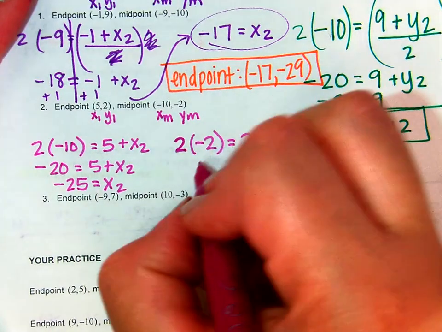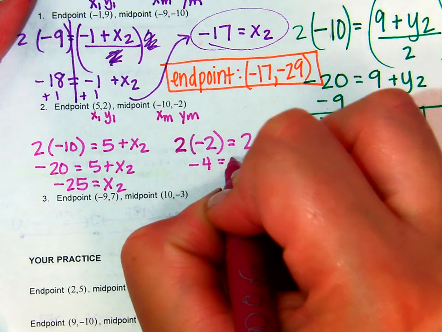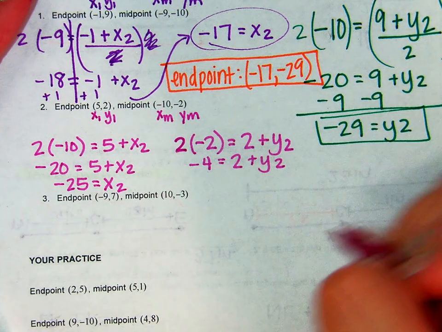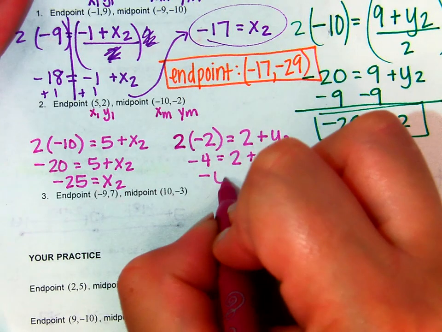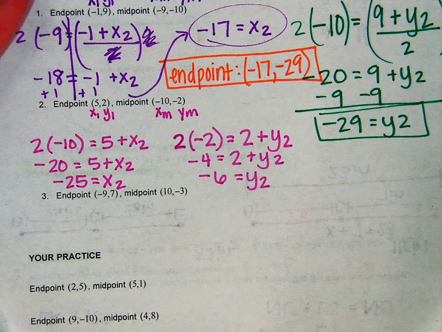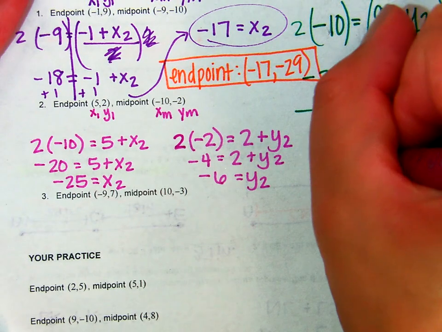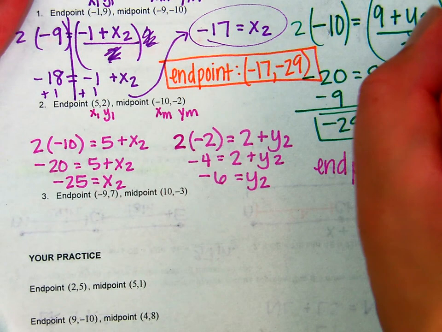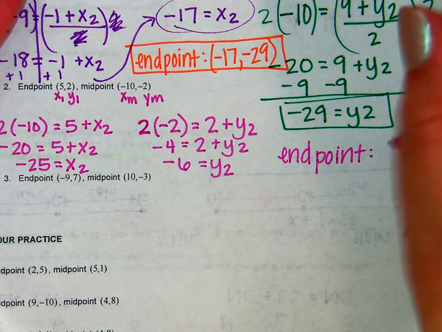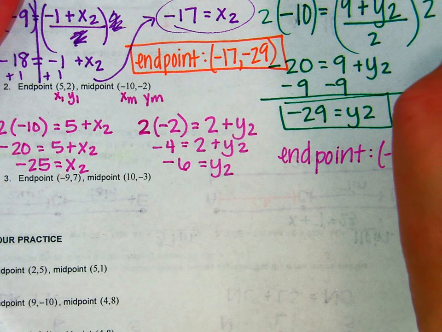So negative 4 is 2 plus y2. Subtract 2 from both sides. Negative 6 equals y2. So my missing endpoint is negative 25, negative 6.